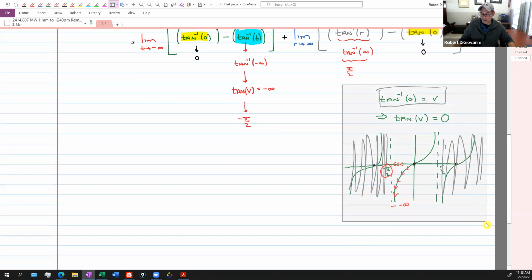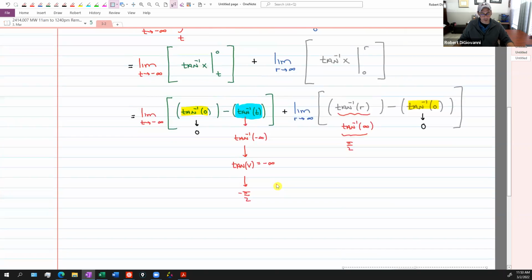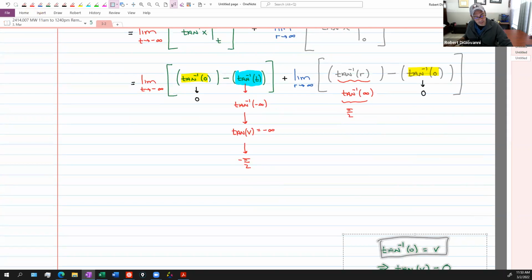And from that, I can get my final answer. I need to move this down out of my way. So here's where we are. We've taken the limit. This piece gave us 0 minus negative pi over 2.